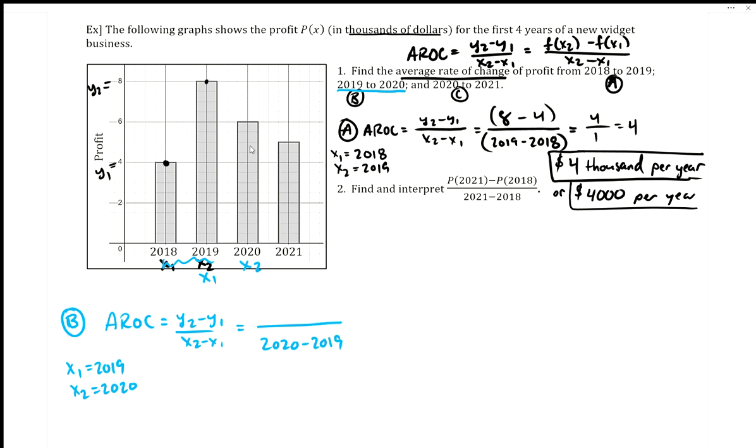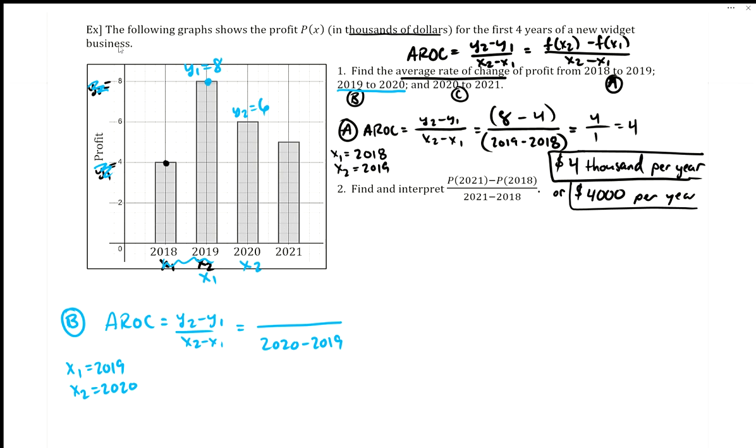And then our y1 and y2, again, I'm going to scribble those out for this new problem. So we've got y1 is 8. Let me just mark it right on top. Y1 is 8. That's where the 8 is on the y-axis. And then it looks like y2 in this problem is 6. So we have 8 minus... Oh, no, we don't. Careful. I was just looking at left to right, but I shouldn't have been.